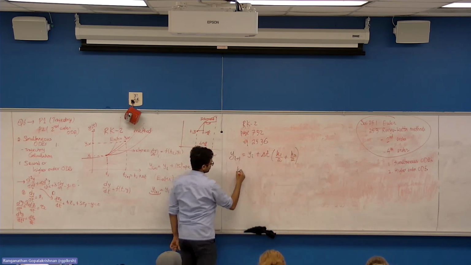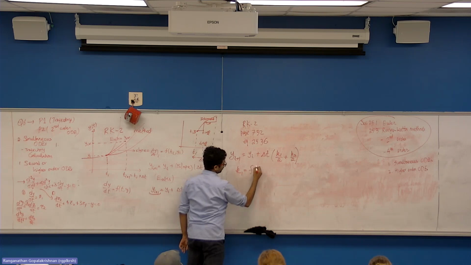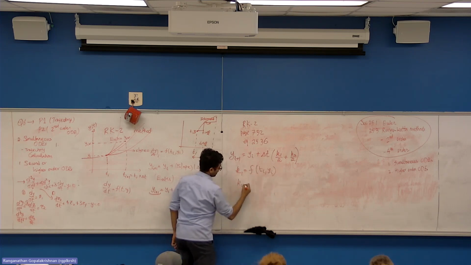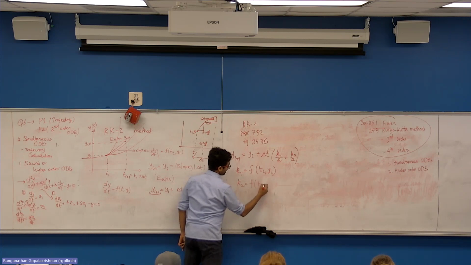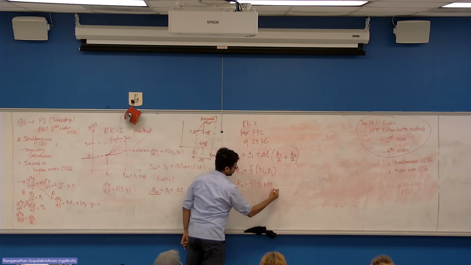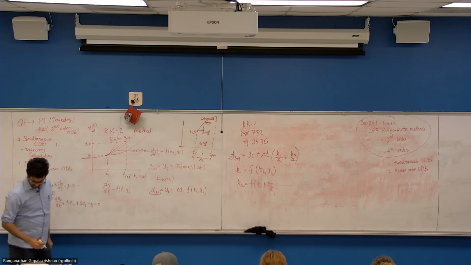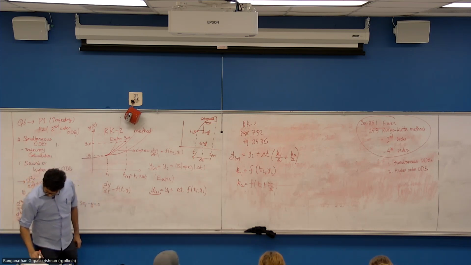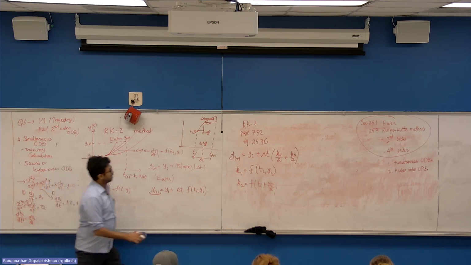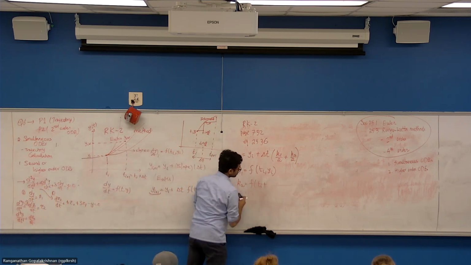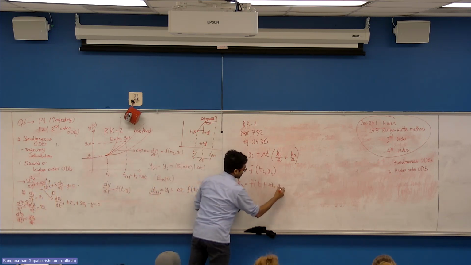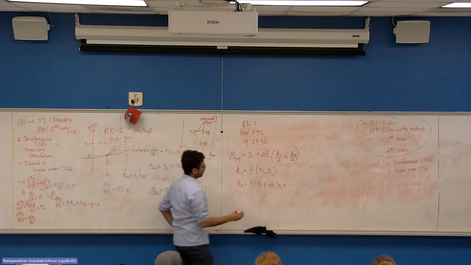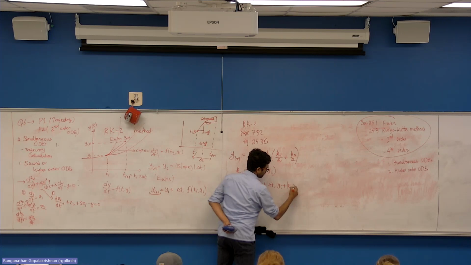What is k1? K1 is the value of the function at ti and yi, and k2 is the value of the function at ti plus delta t and yi plus k1 multiplied by delta t.